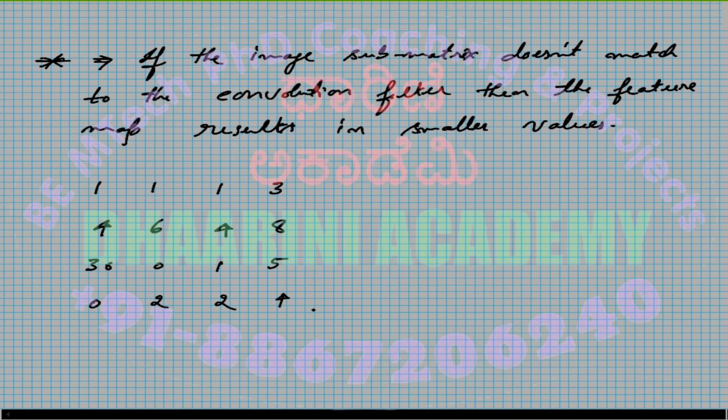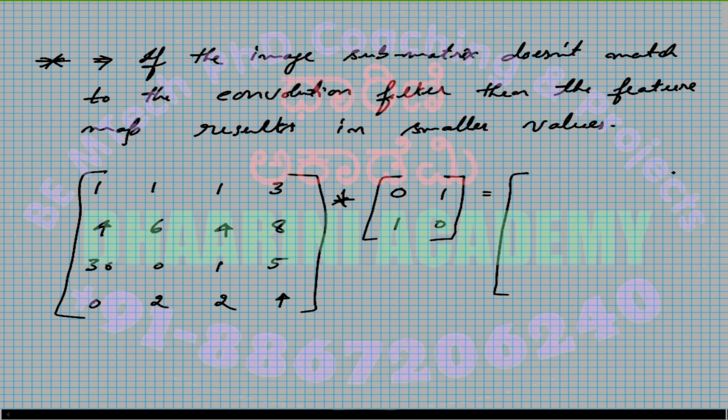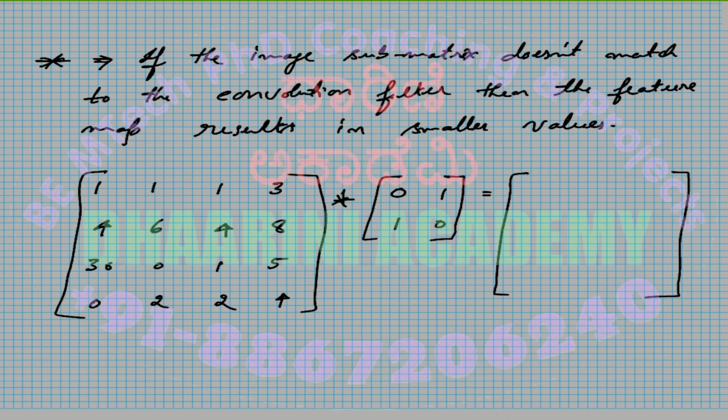Just look at the filter now. I'll change the filter. I want you to convolve this with the following filter. See, I changed my filter's orientation. I'm not looking for the principal diagonal. I'm looking at something else. Please perform this convolution.